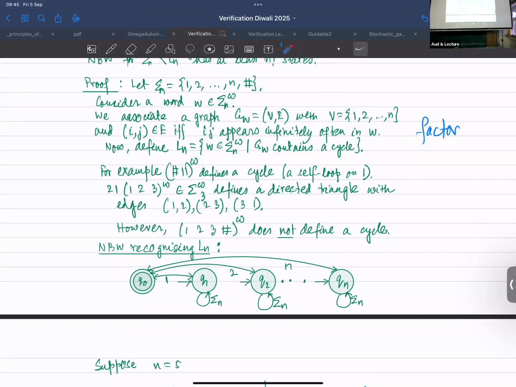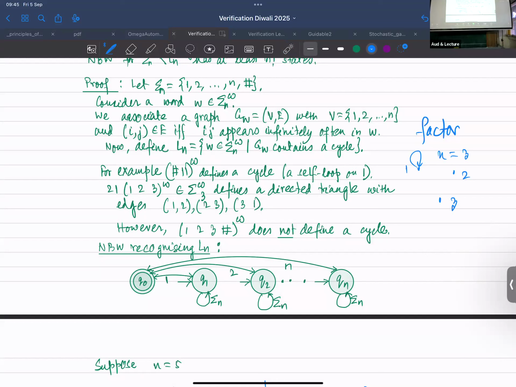For example, consider sharp 1 omega. Let's say n is 3, so I have 3 vertices, 1, 2, 3, and I have a cycle here because 1 appears infinitely many times.